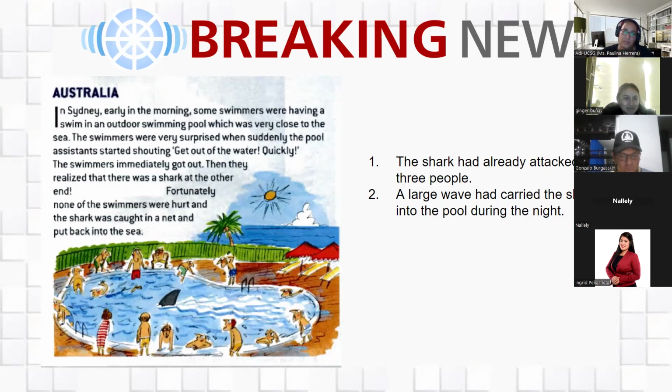The swimmer immediately go out. Then they realized that there was a shark at the other end. Fortunately, no one of the swimmers were hurt, and the shark was caught in a net and put back into the sea.